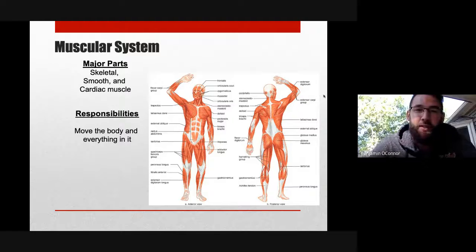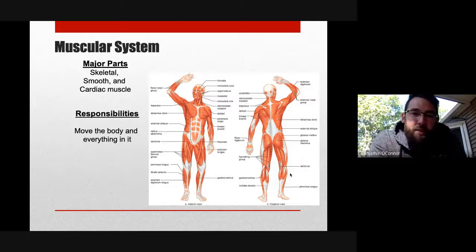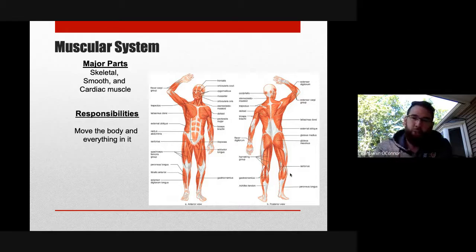So, major muscular system parts. Skeletal system's pretty integrated with the muscular system. Your muscles attach to your bones, and that's where ligaments and joints start to come into play, that vocab.